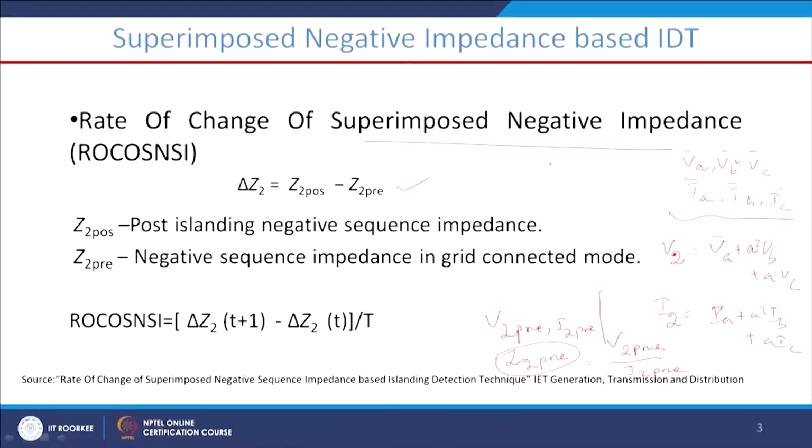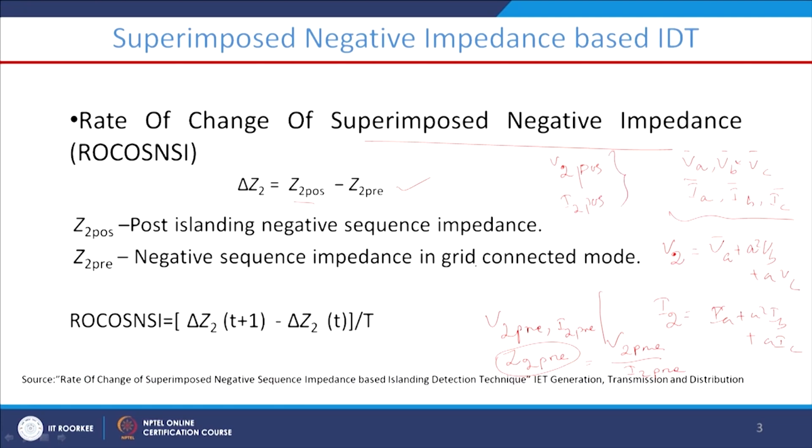Continuously this Z2 is calculated at the terminal of the distributed energy resources. Now, when islanding occurs, the post-disturbance quantities V2 pos and I2 pos are also calculated.